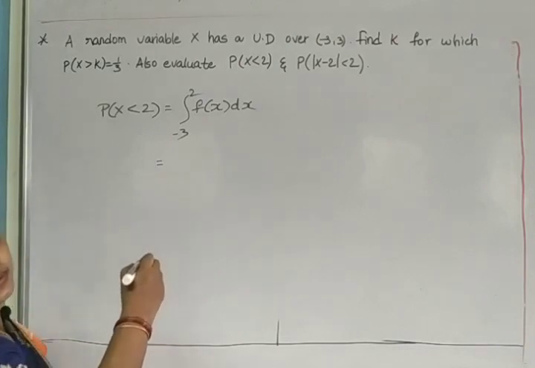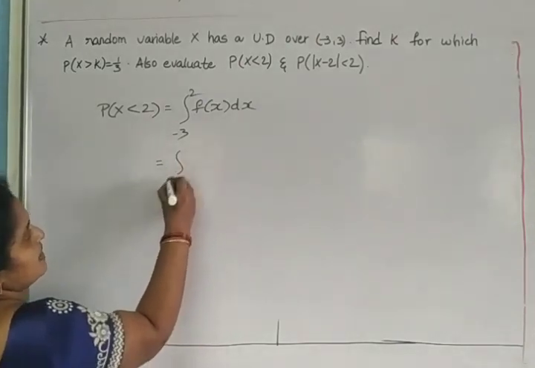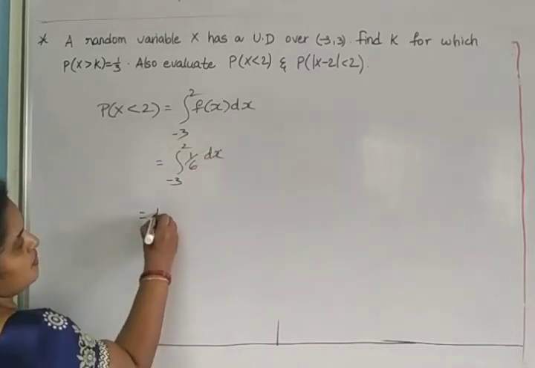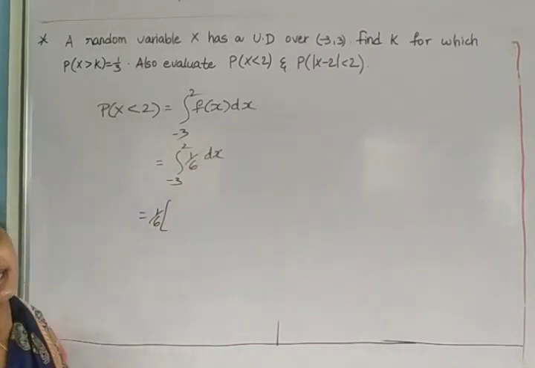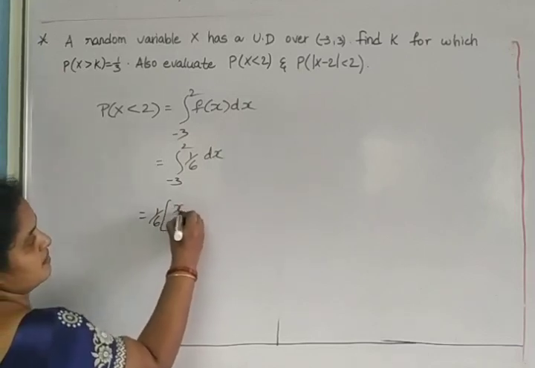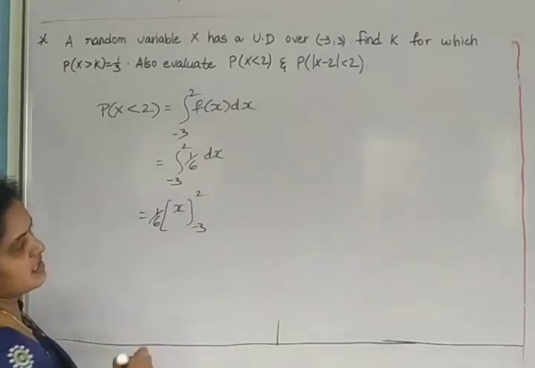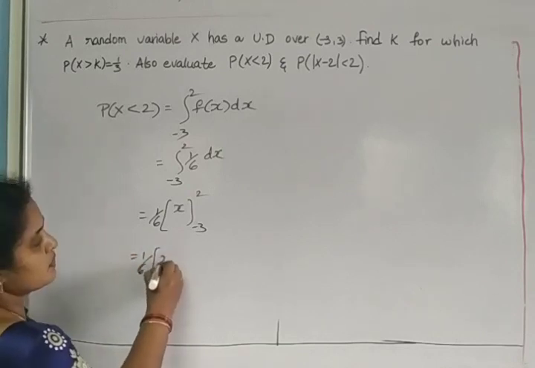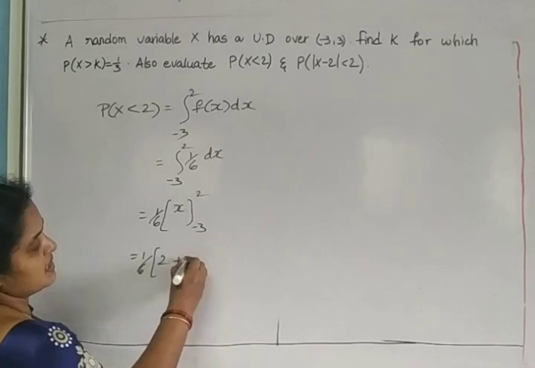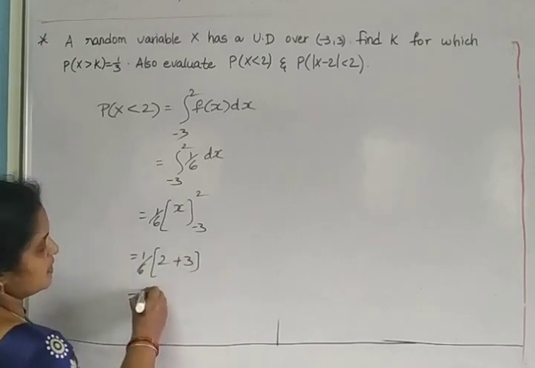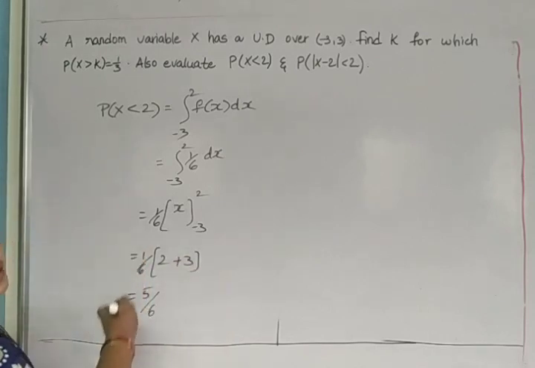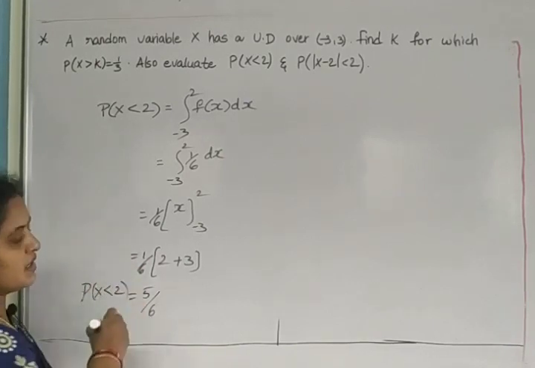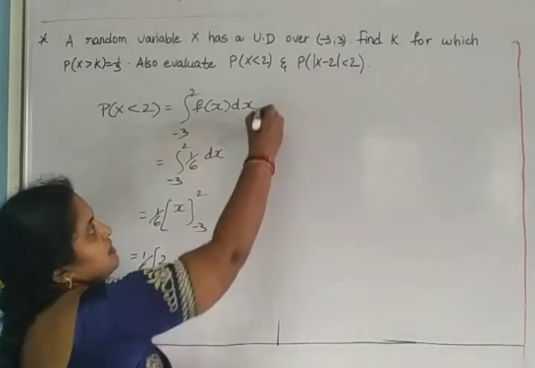This is equal to integration minus 3 to 2 1 by 6 dx. So 1 by 6 into integration dx means x. Here the limits are minus 3 to 2. So 1 by 6 into 2 minus of minus is plus 3. So this is equal to 5 by 6. That means P of x less than 2 equal to 5 divided by 6.